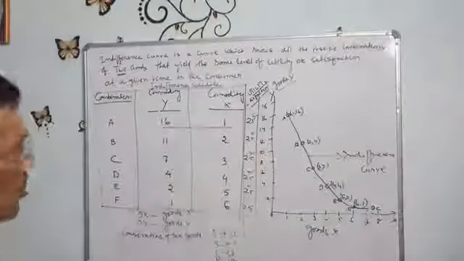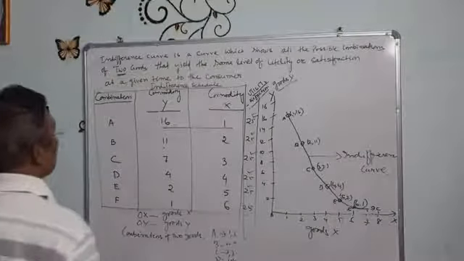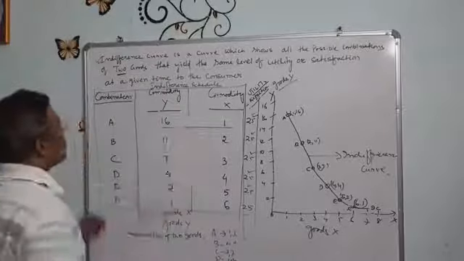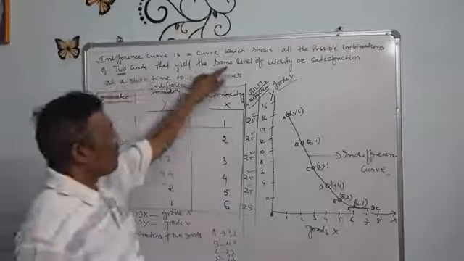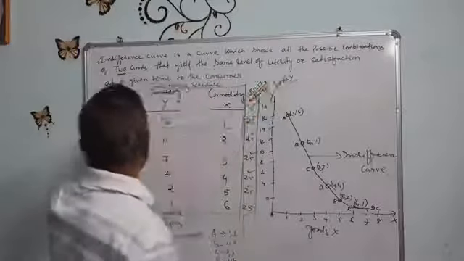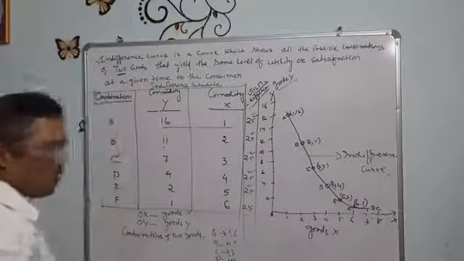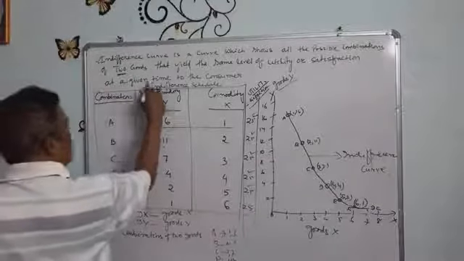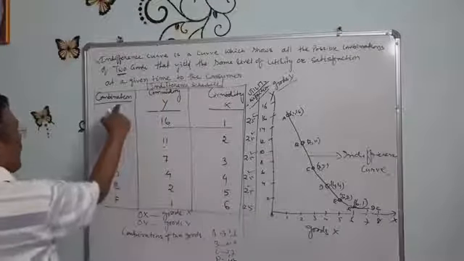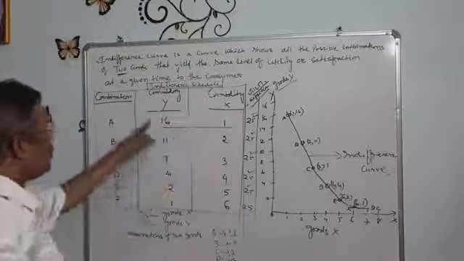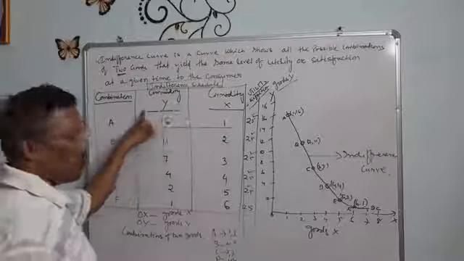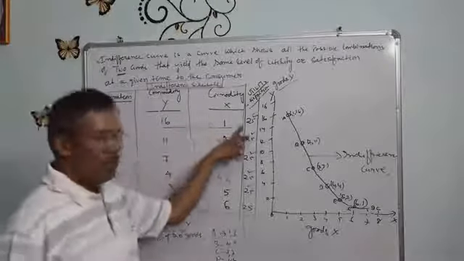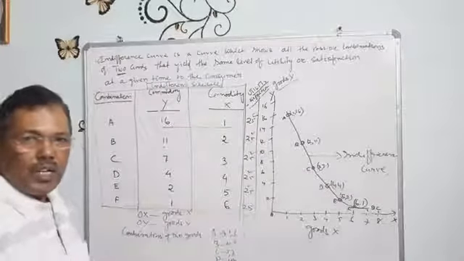So what is the indifference curve? Indifference curve is a curve which shows all the possible combinations of two goods that yield the same level of utility or satisfaction at a given time to the consumer. One meaning is clear. Second is the indifference schedule. Indifference schedule is the different combinations of two goods, X goods and Y goods, or X commodity and Y commodity, that yield the same level of satisfaction to the consumer.